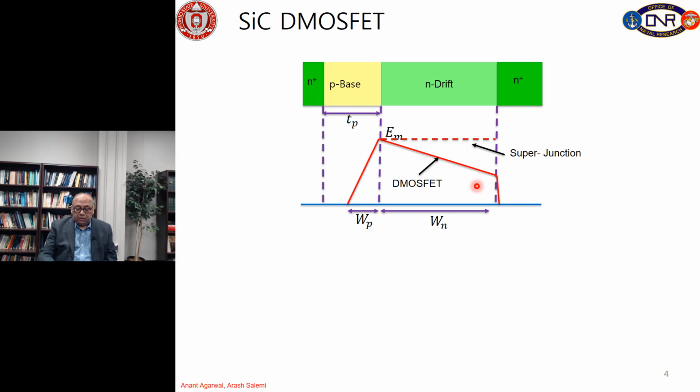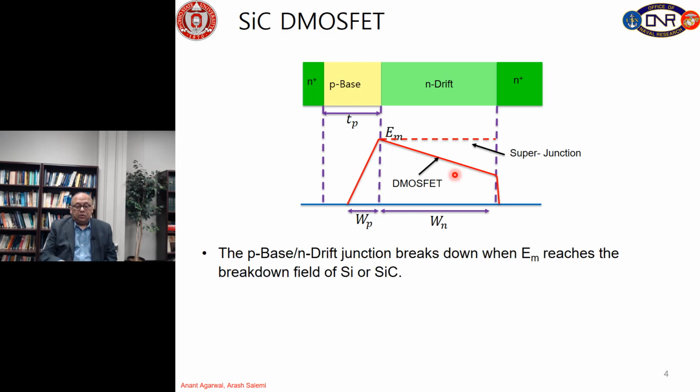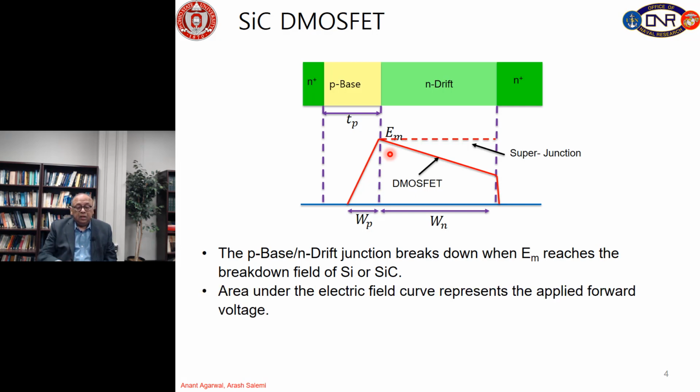So, few observations. This junction will break down when this maximum electric field reaches the breakdown field of the semiconductor, silicon or silicon carbide. And then the area under this electric field represents the applied forward voltage on the MOSFET.